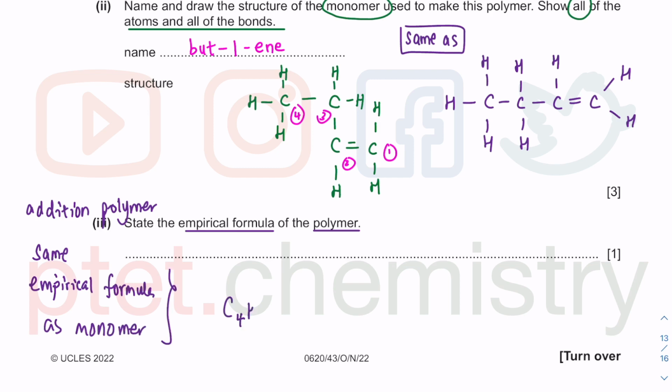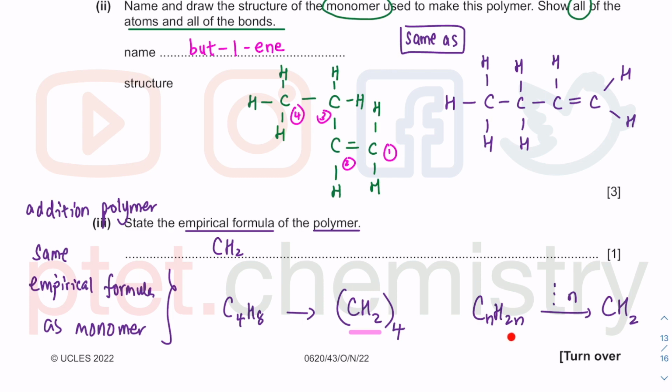So C4H8 can get simplified to CH2, the whole thing a multiple of 4, but this is just the multiple. So inside here, this is the empirical formula, CH2, which is the empirical formula of all alkenes, having started from CnH2n. You divide by n both sides, you're going to get CH2 as your empirical formula for every alkene there.